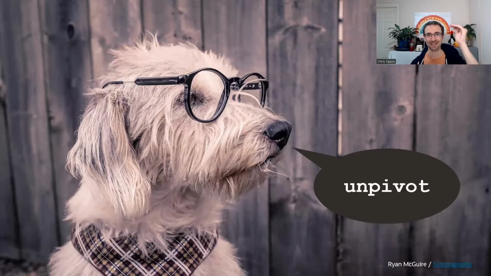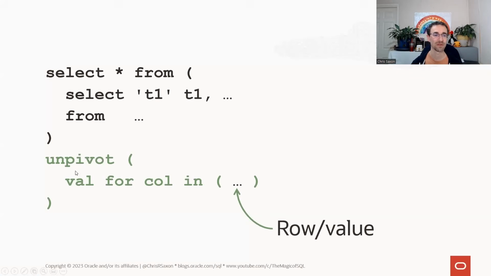So in order to do this, what you want to do is unpivot the data first. Unpivot takes a list of columns and turns them into rows. And we can do that with the unpivot clause. Unpivot, so it's the value from the columns for column, and then a list of columns here. For each column we list, we will get a row in the output. So what we can then do is compare each of those column rows. I'm not sure that's the right terminology for it, but hopefully you understand what I mean.